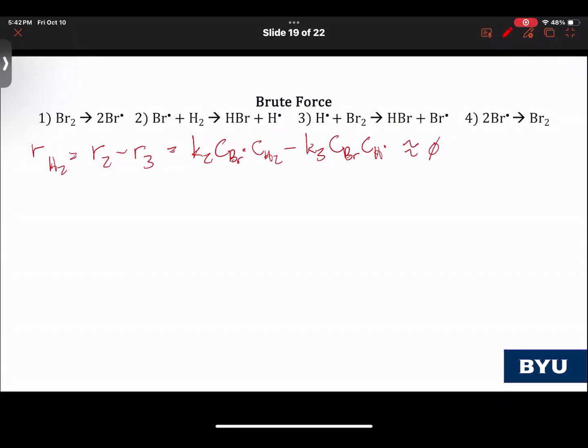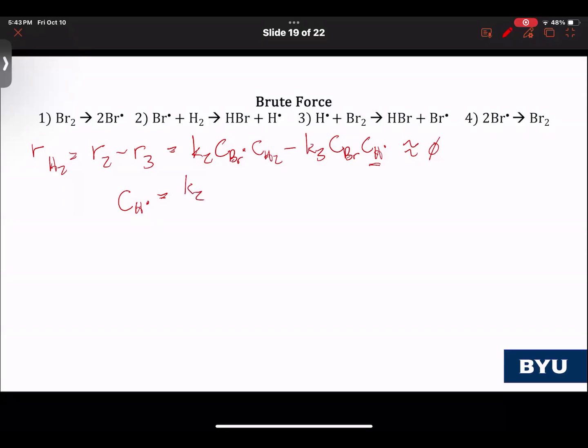And so I'm going to solve for C hydrogen radical, and you could choose either one, bromine radical or hydrogen radical. I just know from hindsight that this is where I have to get the hydrogen radical based on our previous work here in the class.